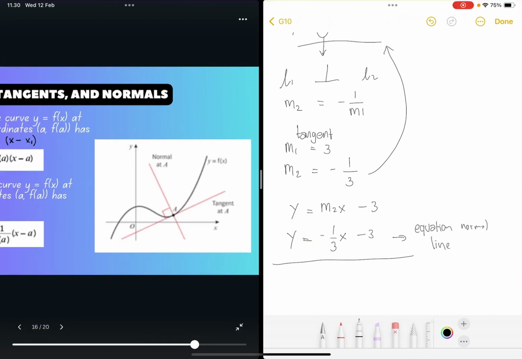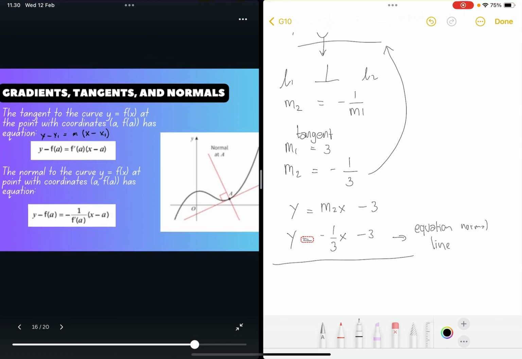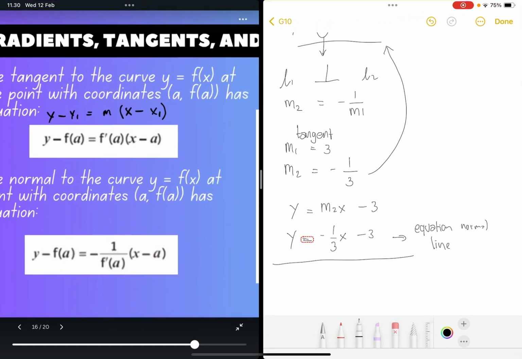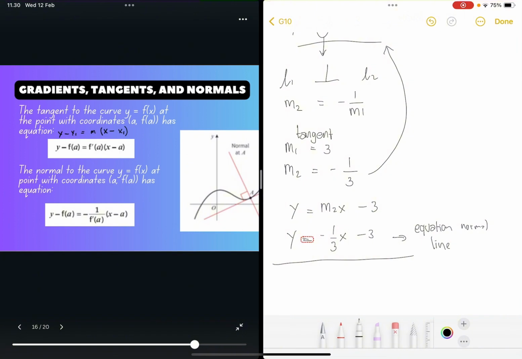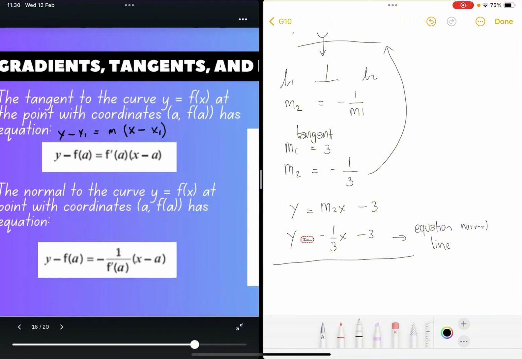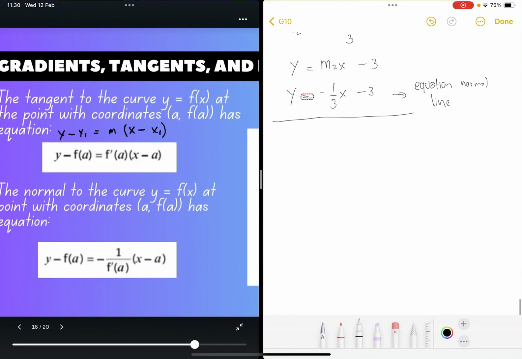Okay, understand? That's why if you pay attention to this formula, we will have the tangent equation. Right here we have y minus f(a) equals f'(a) times x minus a. However, in the normal, we will still have the same, but the difference is on, yes, correct, the gradient.